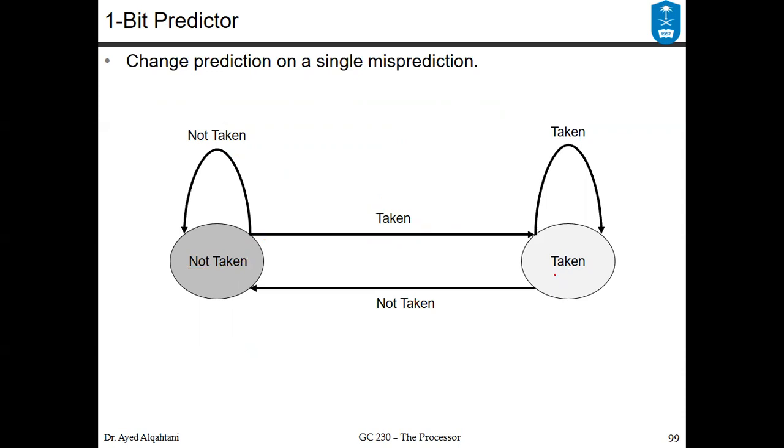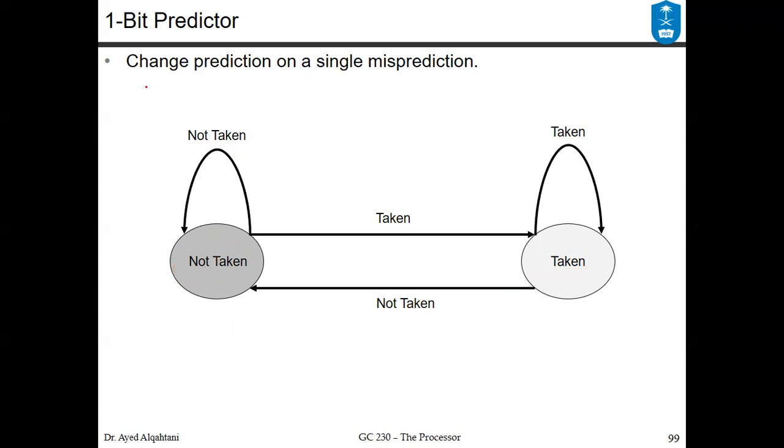Now, if your current prediction is taken, and the actual is also taken, this is good. It's matching, and the next time you also predict taken. Now, if the current prediction is taken, and unfortunately the actual was not taken, which is a wrong prediction or misprediction, then you go back to predicting not taken next time.